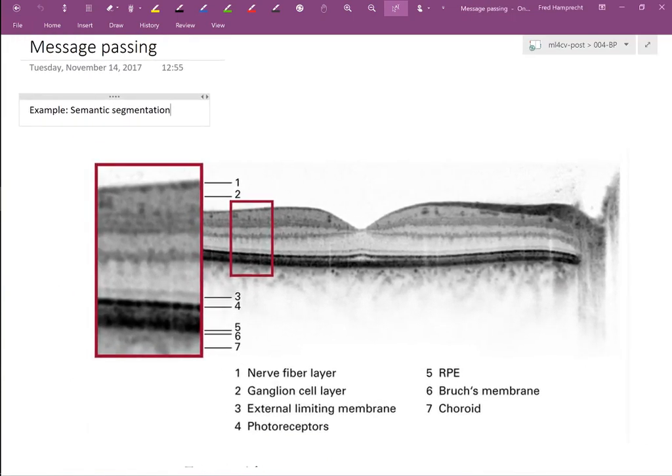As a motivation, again, let's look at this semantic segmentation problem here. We have a couple of layers. We are interested in segmenting all of them. We can train a classifier to give us locally an opinion about which of the classes is prevalent. And then we have some prior knowledge, namely which label can be adjacent to which other as we traverse the image along one column.